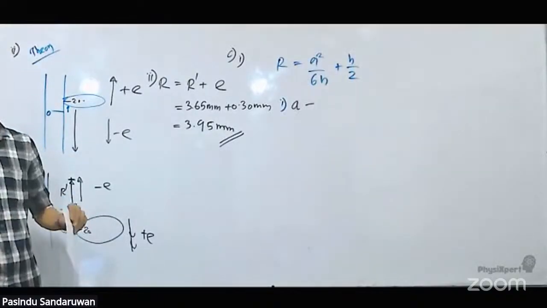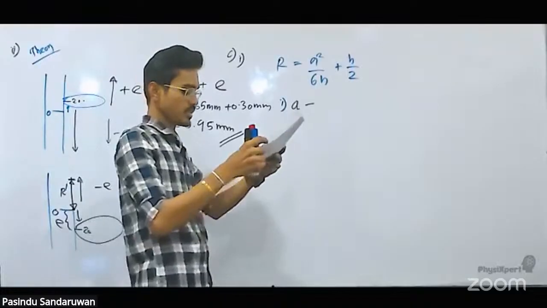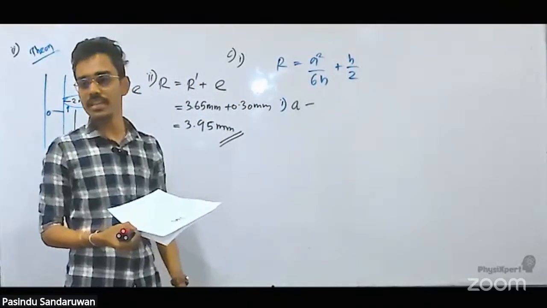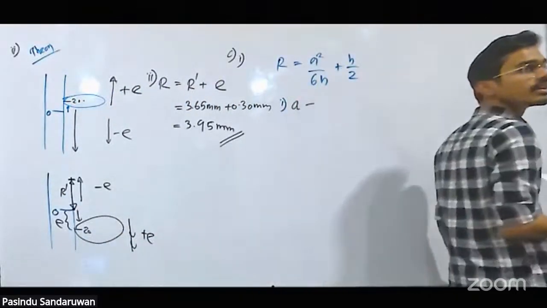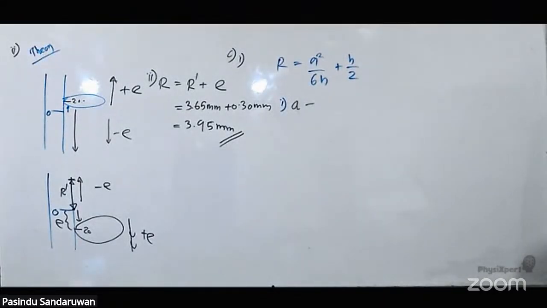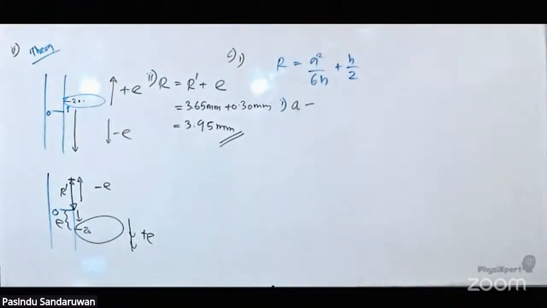Radius of? No. Radius of curvature of the surface is R. What is A? Distance between any two.